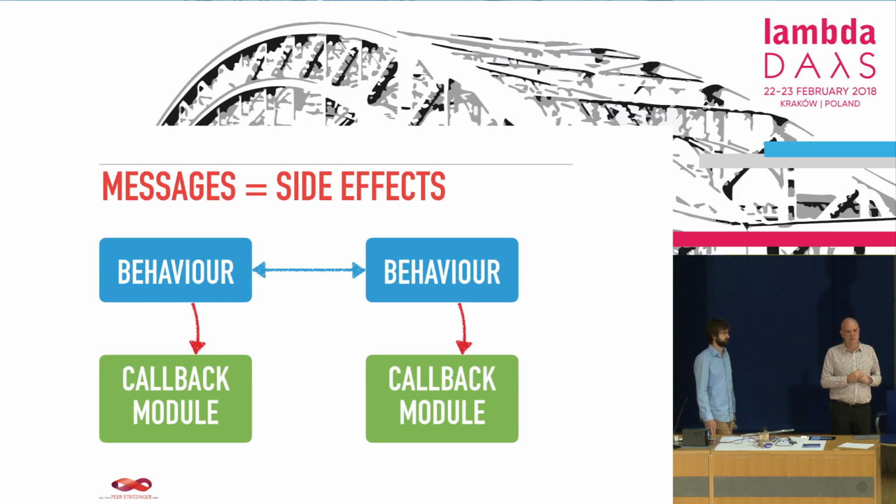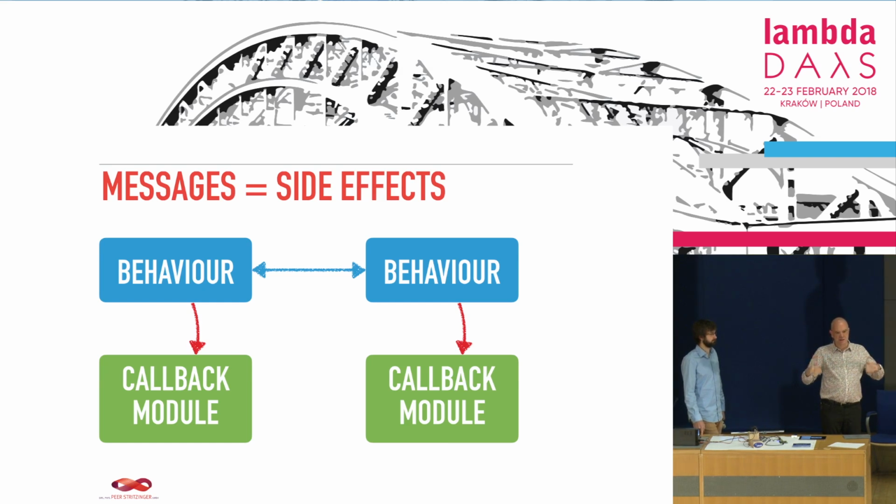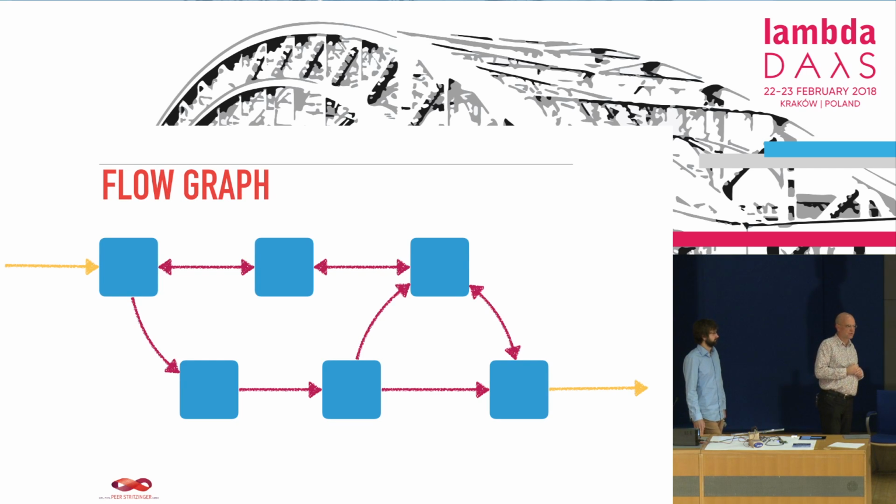That's not pure functional anymore. You separate the side effect code into so-called behaviors, and have your functional code in pure functional callback modules, where you write your application code. So there's a separation of concerns between functional and non-functional.